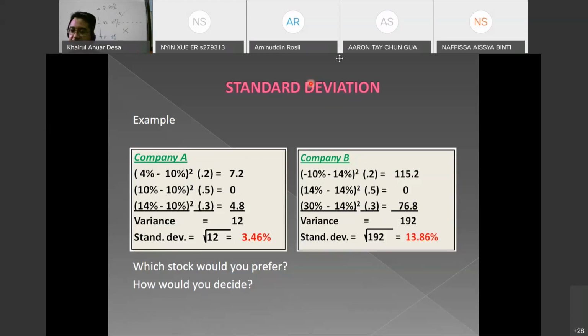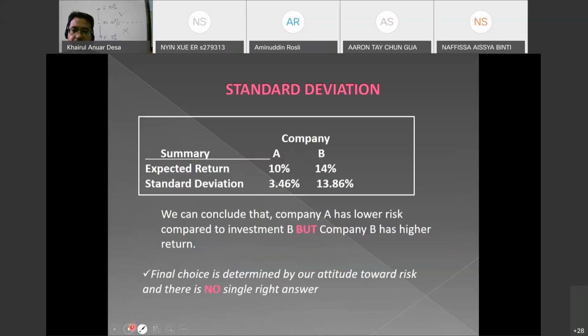Okay, we move to another slide. Here, actually there are no wrong, there are no right answer. Seperti yang saya sebut tadi, it depends on your attitude, who you are. If you are ready to take more risk, you will go for more risk security.